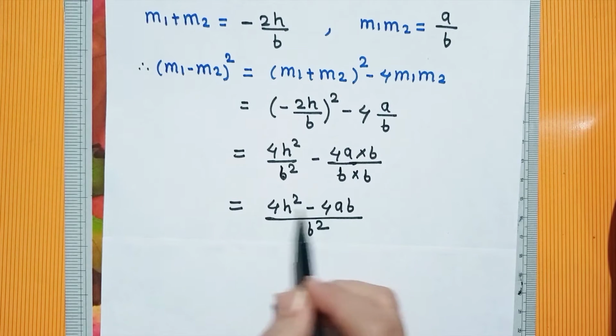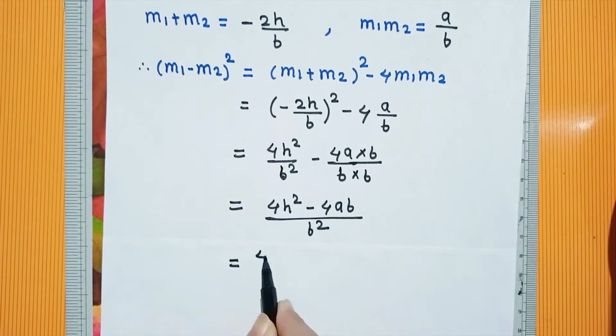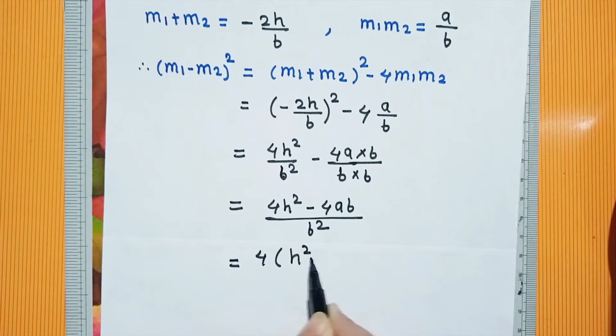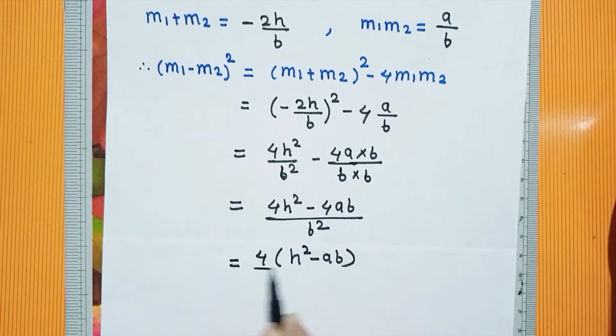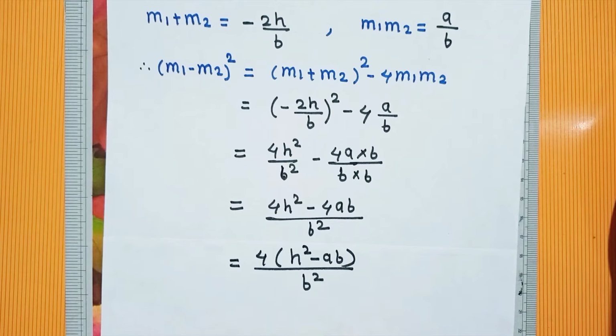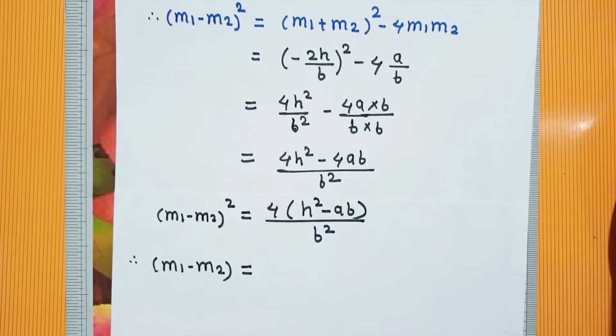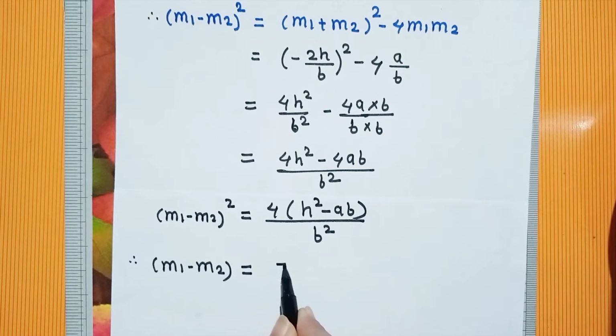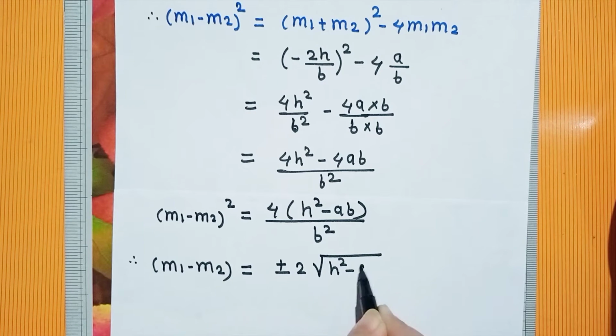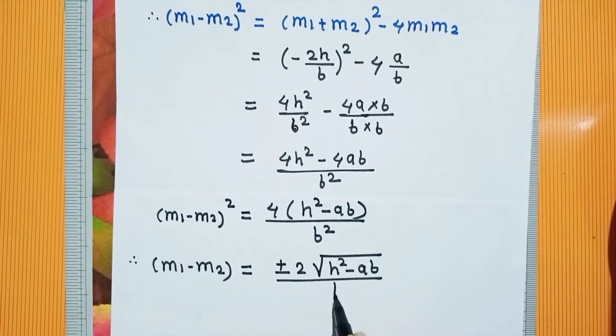Now take 4 common from these two terms. So now 4 inside the bracket, h square minus ab upon b square, and taking square root of both sides, we write plus minus square root of 4 is 2, then under root h square minus ab upon b.